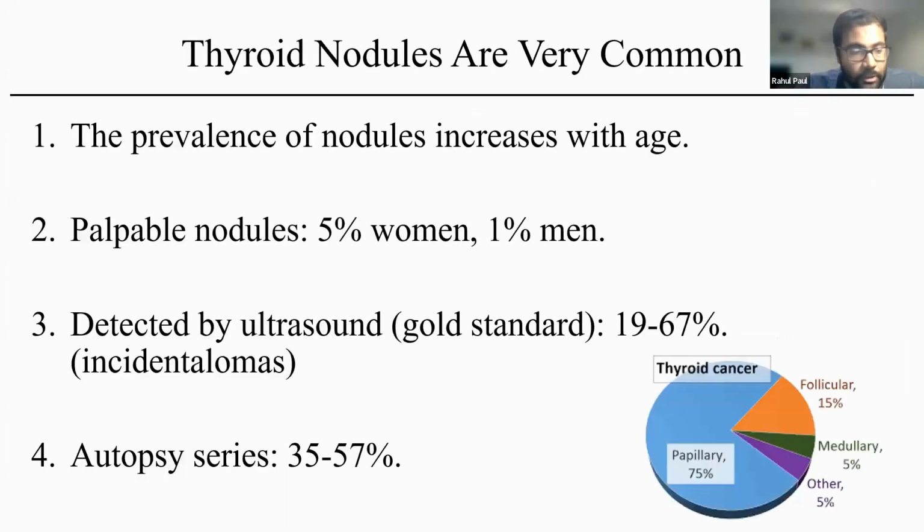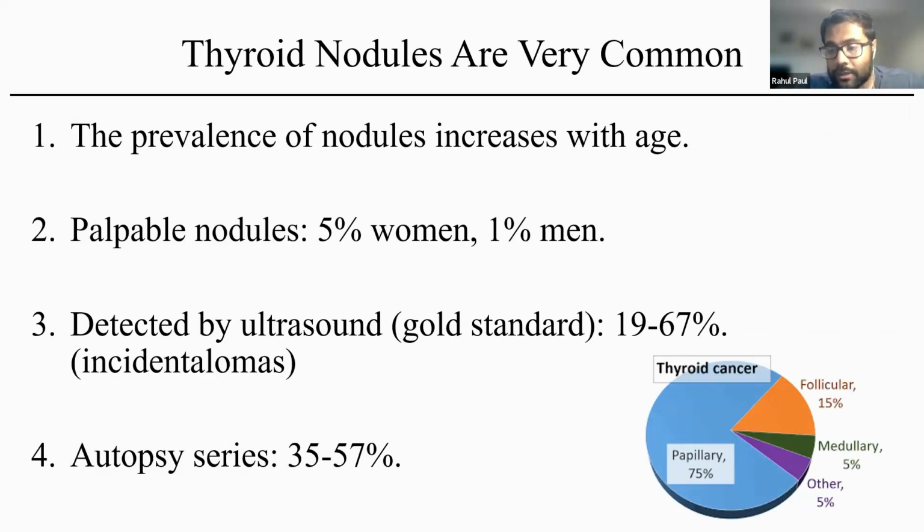So thyroid nodules are very common, and they are more common in Asia, in the China and Korea region, as compared to the US, and they mostly occur in women more than men.